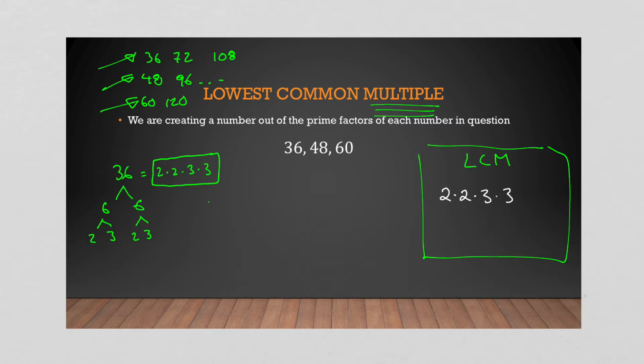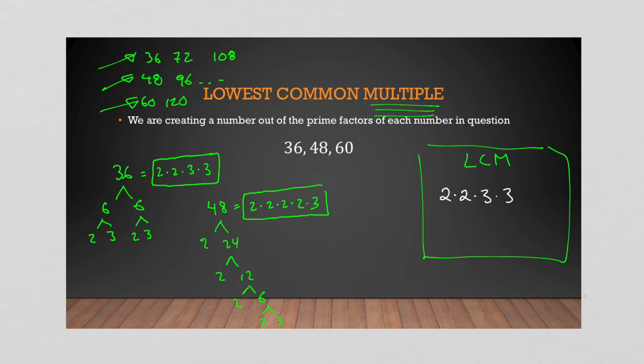Now, what about 48? Well, 48 is 2 times 24, which is 2 times 12, which is 2 times 6, which is 2 times 3. So I get 2 times 2 times 2 times 2 times 3. So if we look, in order to be a multiple of 48, I need 4 2's and a 3.